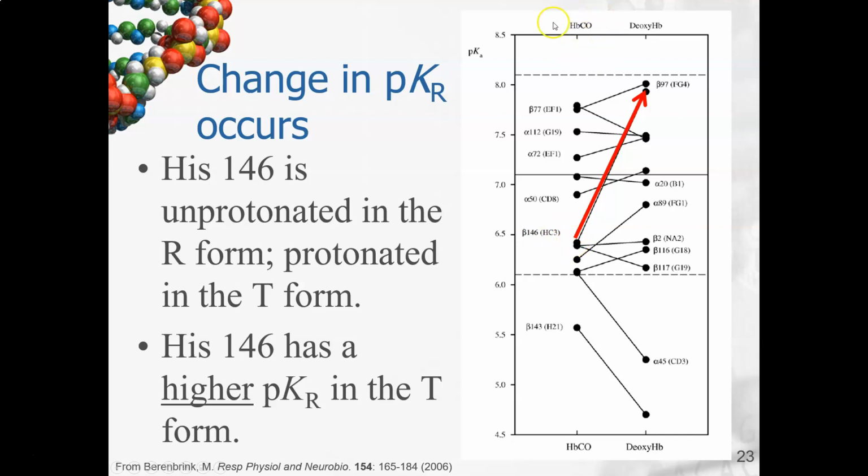This represents the R form right here, and it increases to almost 8 in the T form. So an increase in the pKa means there's going to be an increase in proton binding affinity. The pKa of the His 146 is much higher in the T form than it is in the R form because it accepts that proton and then forms the ion pair, and ion pairs stabilize the T form.